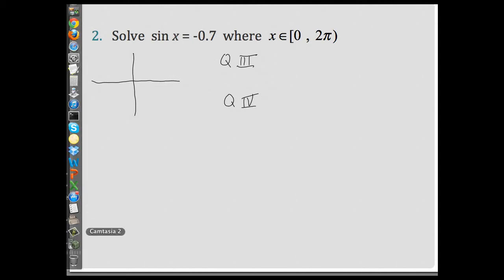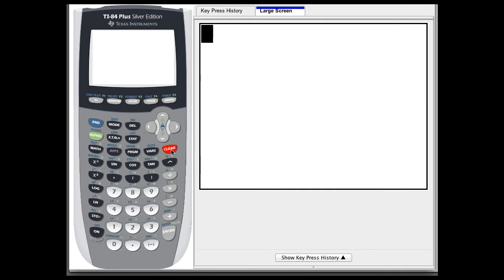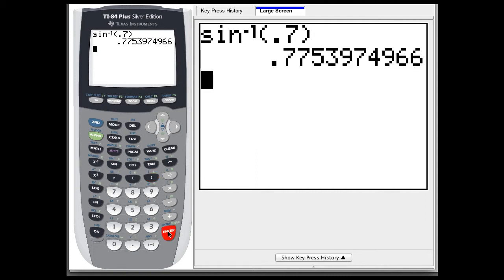Let's go back to the calculator. Clear all this stuff. We want to do inverse sine in order to find what our reference angle should be. And remember, we're just going to do a positive 0.7. Hopefully everybody gets 0.775 approximately as your reference angle. So I'm going to go ahead and store that.